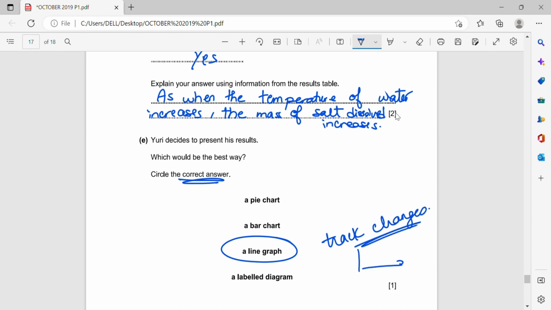Here the temperature changes and the mass of the salt dissolved changes. A pie chart, no, because it usually shows percentages. A bar chart also won't work, because it is for comparing different categories, and the label diagram also doesn't make any sense. So to present the results of any changes you want to track, you use the line graph.